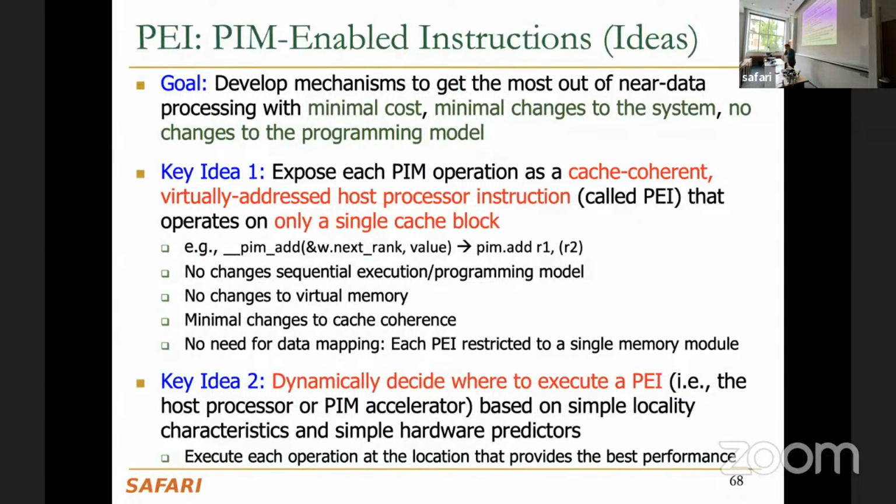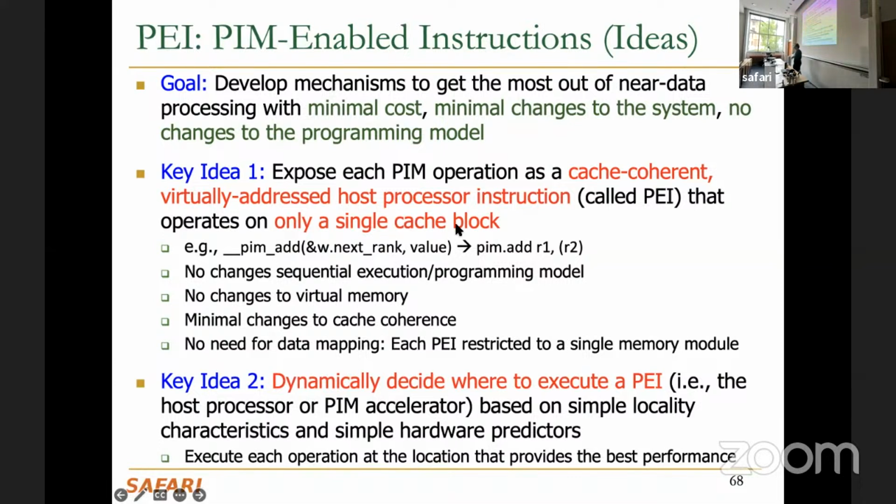That was our goal. And there are two key ideas actually, both of which people have improved over time. One of the key ideas goes into SIMDRAM, for example, later on. SIMDRAM uses PIM-enabled instructions. If you remember the SIMDRAM work yesterday, it uses bulk bitwise operations. First idea is expose each PIM operation as a cache coherent, in this particular case, virtually addressed host processor instruction called PEI that operates only on a single cache block.